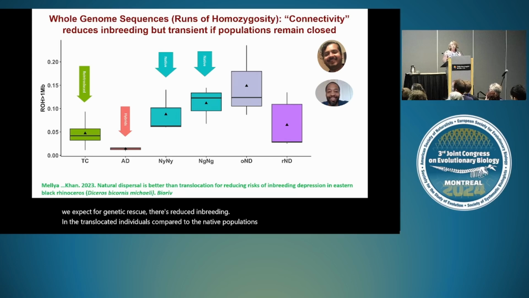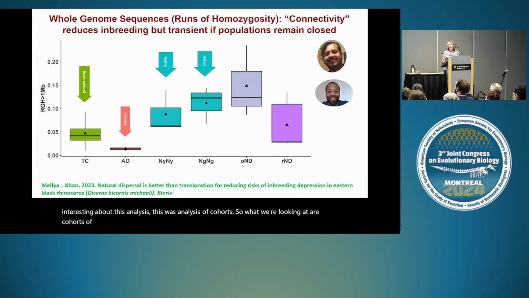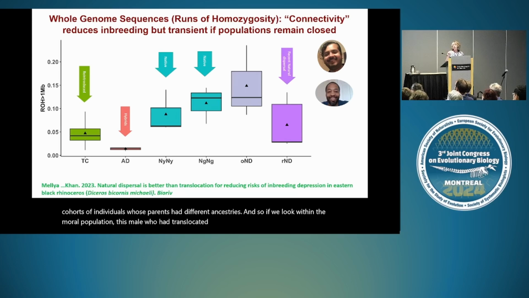But what was really interesting was analysis of cohorts. So what we're looking at are cohorts of individuals whose parents had different ancestries. And if we look within the Moru population, this male who had dispersed naturally, the first generation of his offspring showed a big reduction in inbreeding.